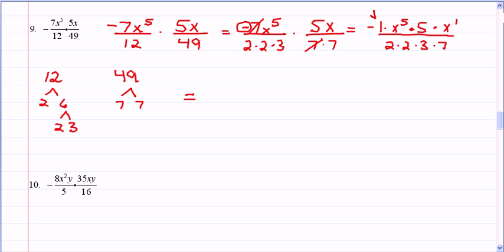I have negative 1 times 5 is negative 5. And then I'm multiplying the x's together, but the rule is to add the powers of 5 and 1, so that I have x to the sixth. And then 2 times 2 is 4. 3 times 7 is 21, and 4 times 21 is 84.